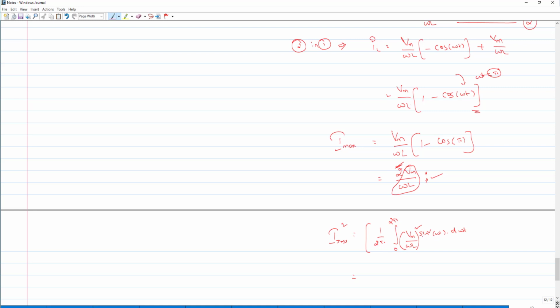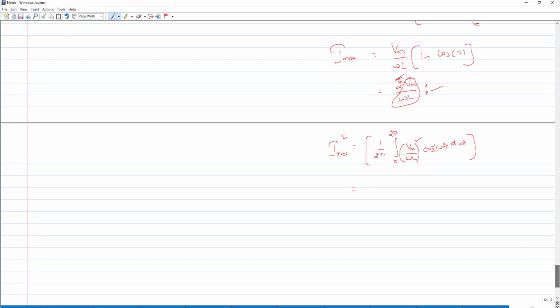This is again the cos. If I take voltage, then it will be sine, otherwise it will be cos. So Vm by omega L cos square omega t d omega t.